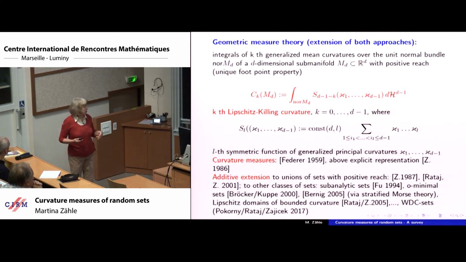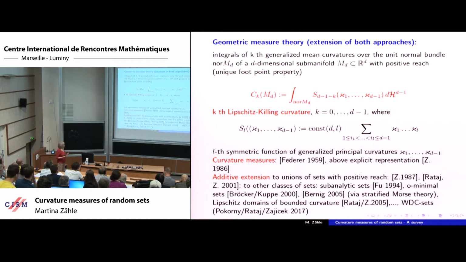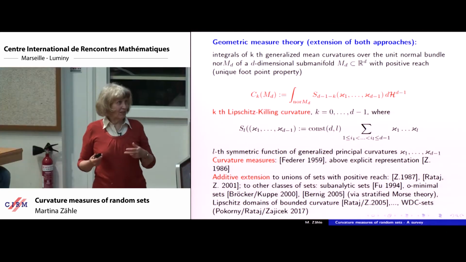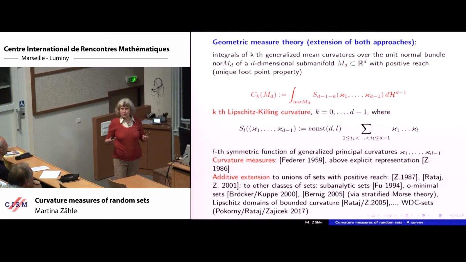And then you arrive at similar values, and these are the additive extensions of the curvatures, or the curvature measures in the localized version. I have collected here some names of people who have extended this. Maybe you can read it, but I should not give all the papers. If somebody is interested, I can give you the details of the publications.